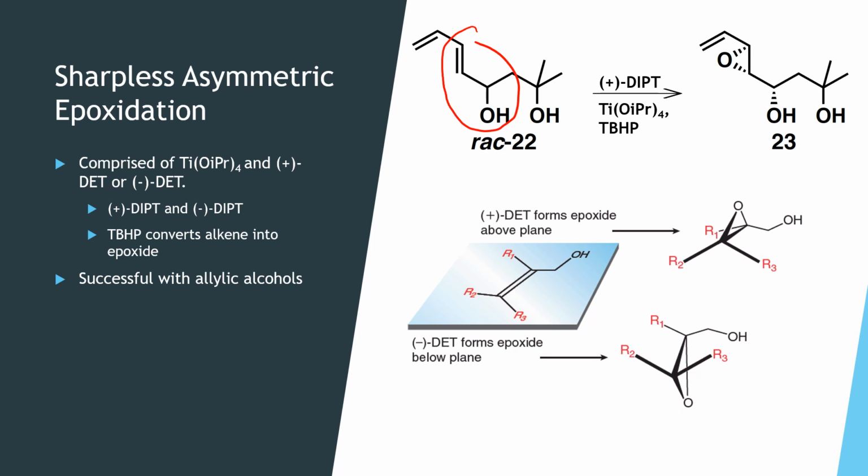This is done under titanium tetraisopropoxide, which forms a chiral complex with either positive DIPT or negative DIPT, and this complex serves as a chiral catalyst. So in the presence of this catalyst, tert-butyl hydroperoxide can convert the alkene into an epoxide. The stereochemical outcome of this reaction depends on whether it was formed with the positive enantiomer or the negative enantiomer, and that's how we get molecule 23.